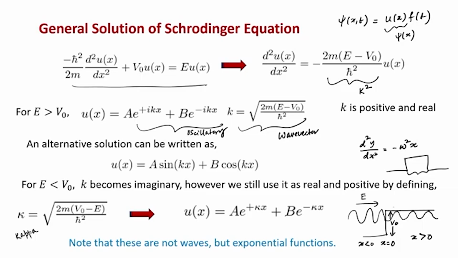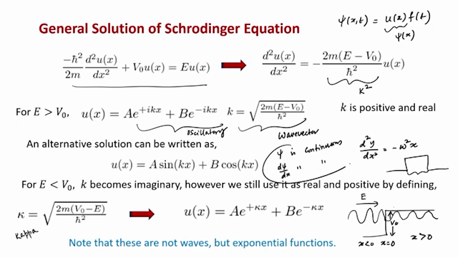Nevertheless, these are important solutions of the equations, because we need to impose the boundary conditions, and the boundary conditions are that psi is continuous, or u is continuous, u or psi, they mean the same thing, and d psi dx is continuous.